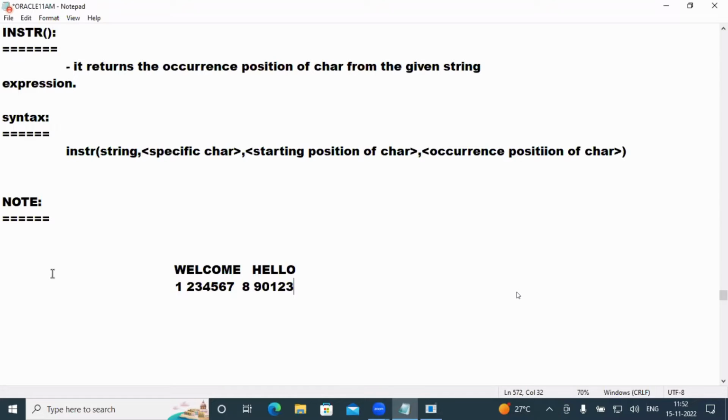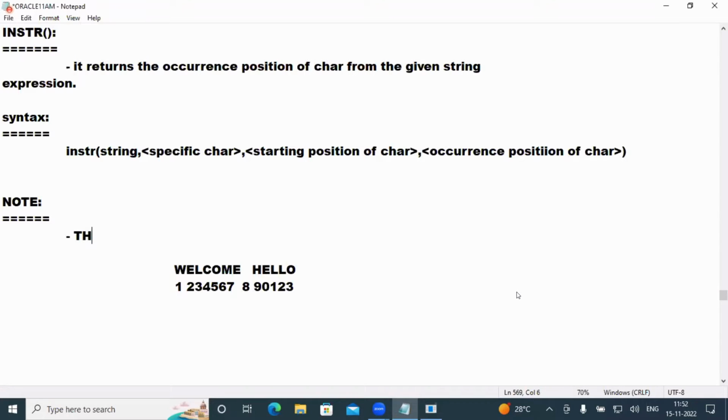Now carefully observe what happens here. When the user counts or searches for a character from left to right or right to left, in any direction, the positions are always fixed.